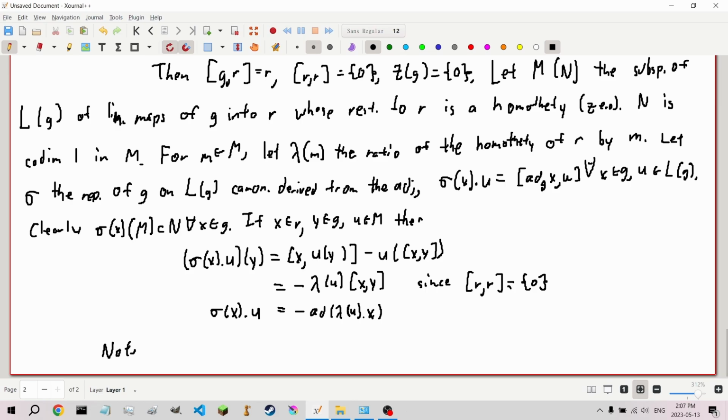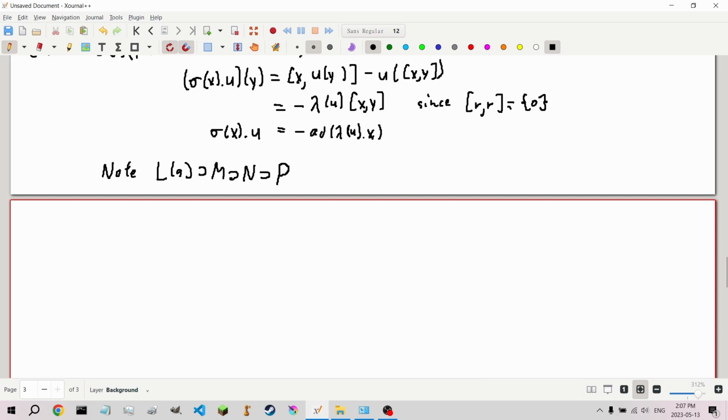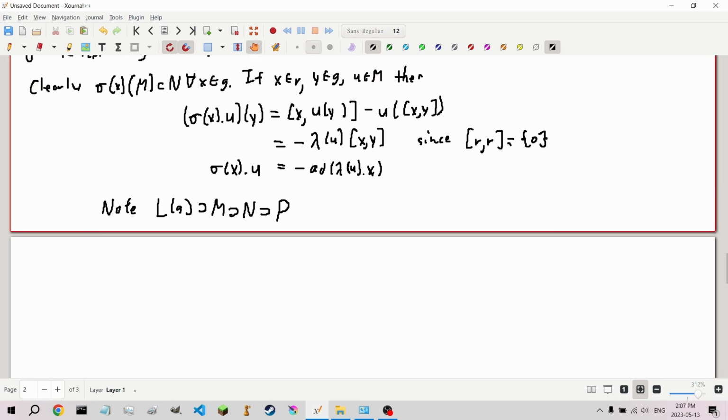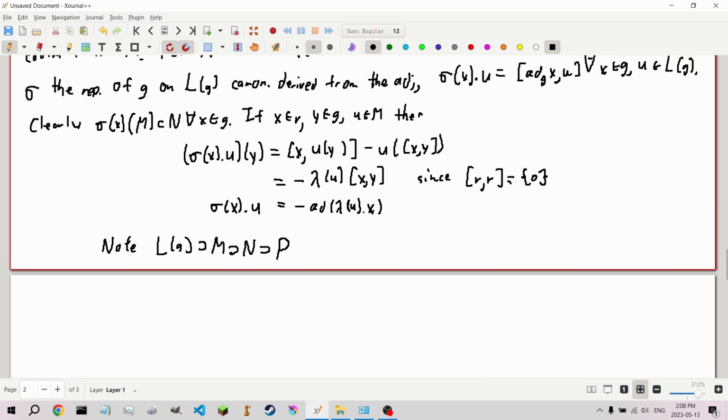And we're going to note that the linear maps of G contains M contains N, and N contains P, which we are going to define next. Like I said, they wrote this out like House of Leaves, so it's hard to know what order we're supposed to read things in.